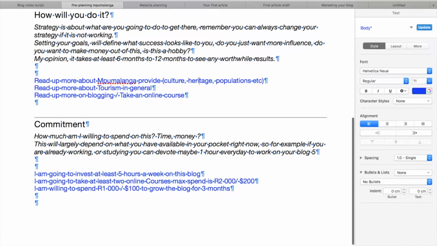Then the second thing, read up more about tourism in general. Since my blog is about tourism, I'm going to read up more about tourism. I'm going to find out all the things I need to know about tourism, how many people come to South Africa a year, what is their age and gender. So you can read statistics that are generally available on the internet.